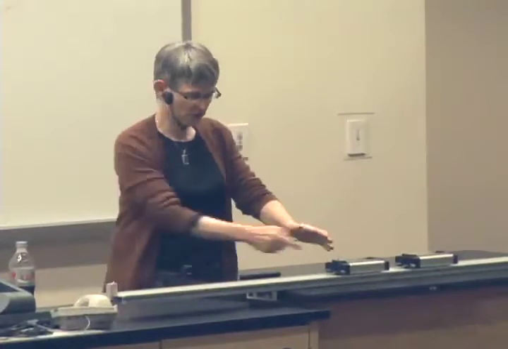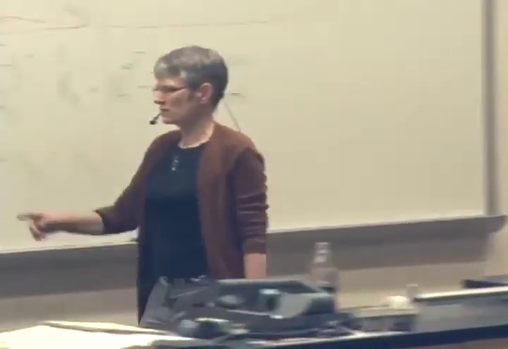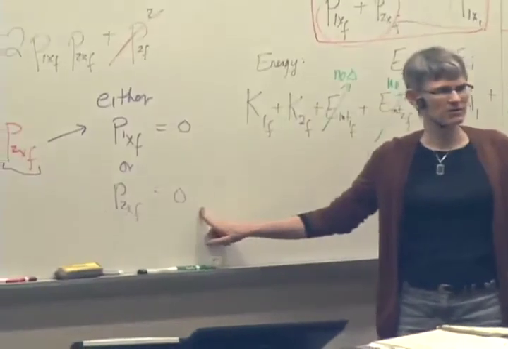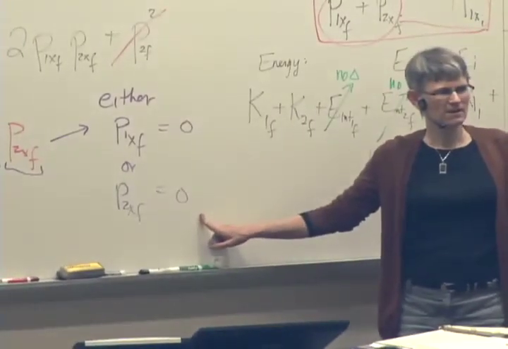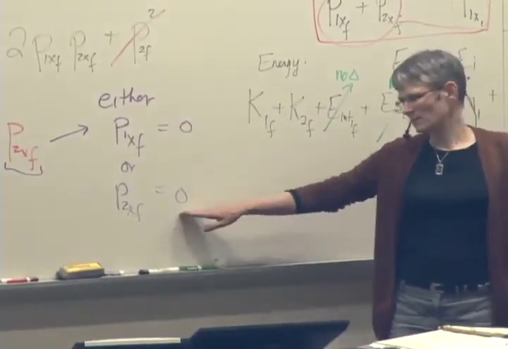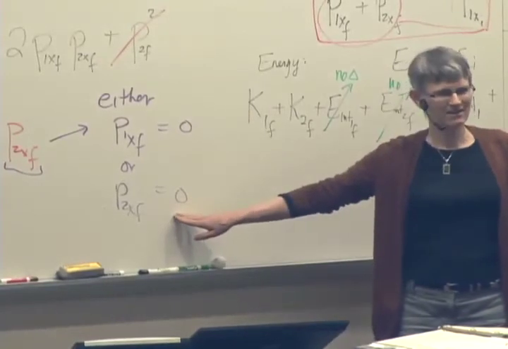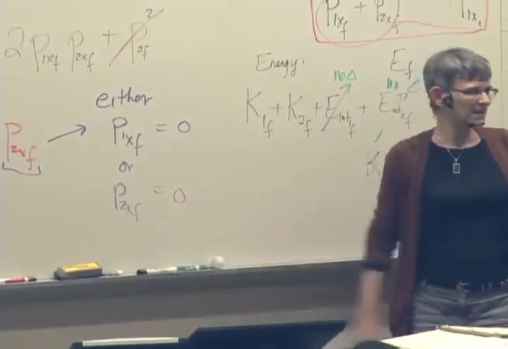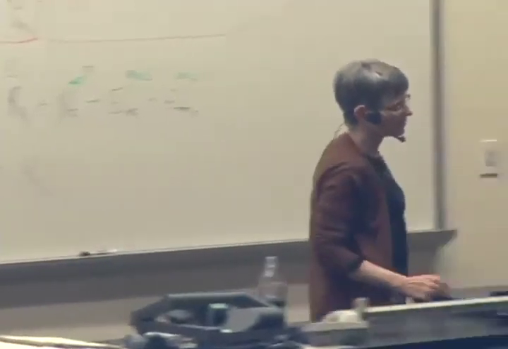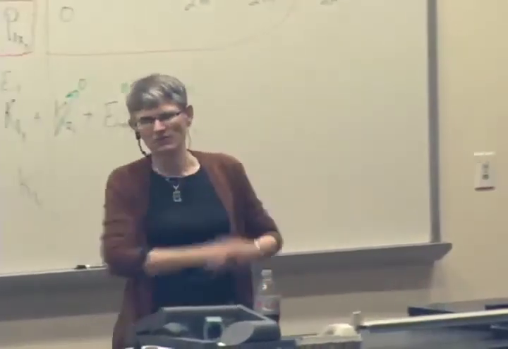So the first one just stops and the other one goes. What does this one correspond to? No, it can't bounce back. It actually sounds like car 1 goes through car 2, doesn't it? That's exactly right. Mathematically, that's what it says. It just goes right through and keeps on going.